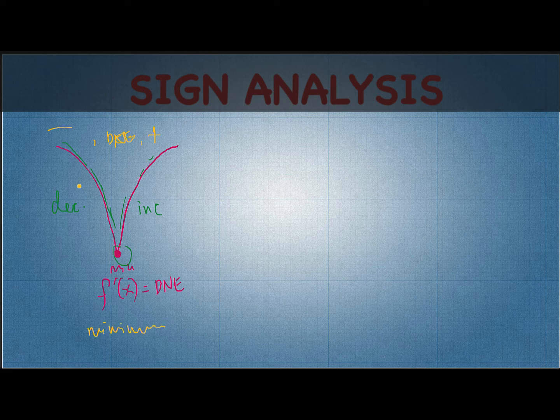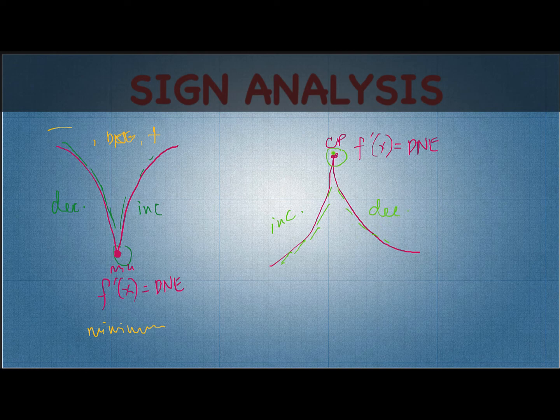Another case: say for example this is our graph and this is our critical point. Of course, the derivative of the function at this point also does not exist because that is a corner. But notice that to the left of this critical point, the function is increasing. The slopes of the tangent lines to the curve are increasing, and after the critical point the slopes are decreasing.